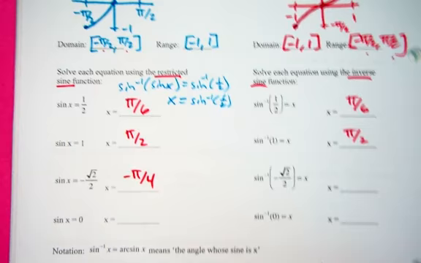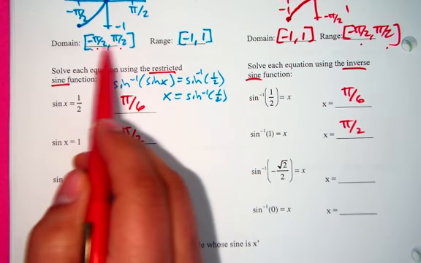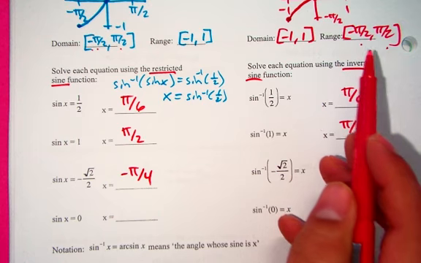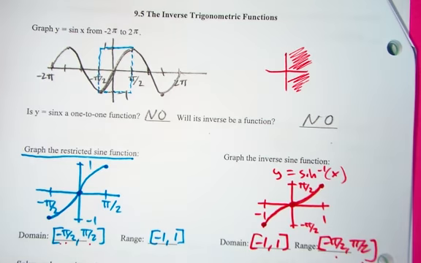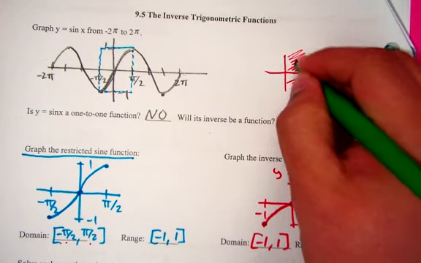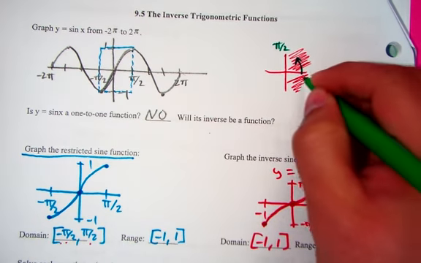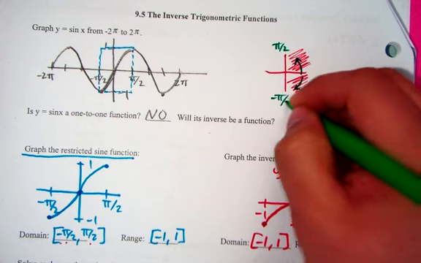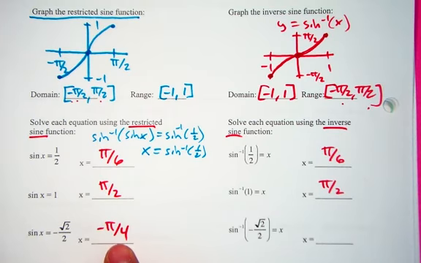Because we are with the restricted sine, these are the only possible values that we can spit out as answers for angles. So if we think visually, we can either rotate upwards, but we cut off at pi over 2, or we can rotate backwards, and we cut it off at negative pi over 2. Does that make sense? What's that? Okay. So yes, 3 pi over 4, I heard someone say that.